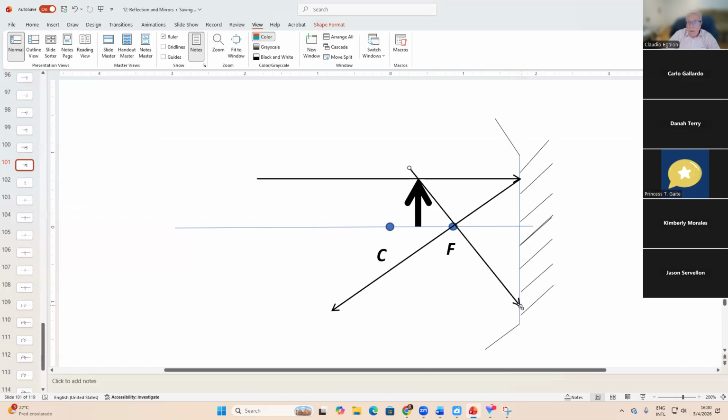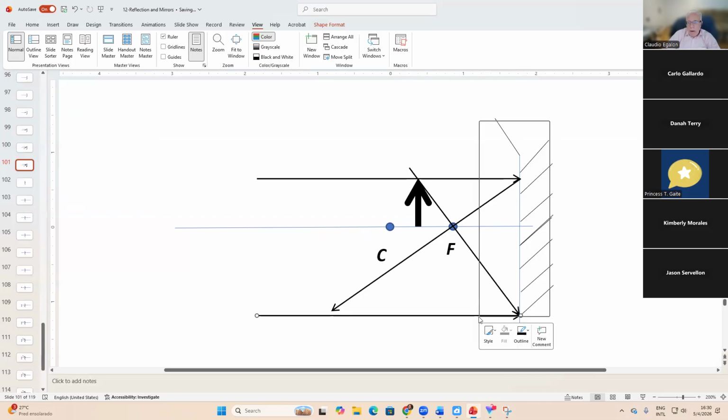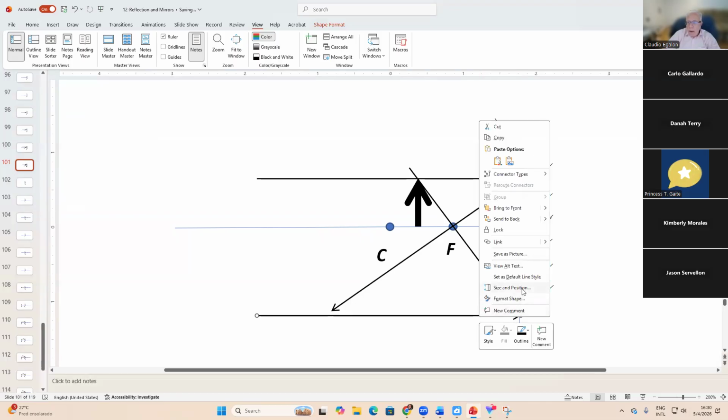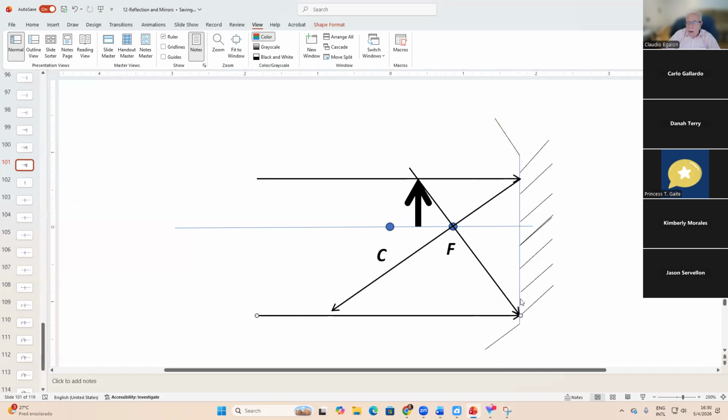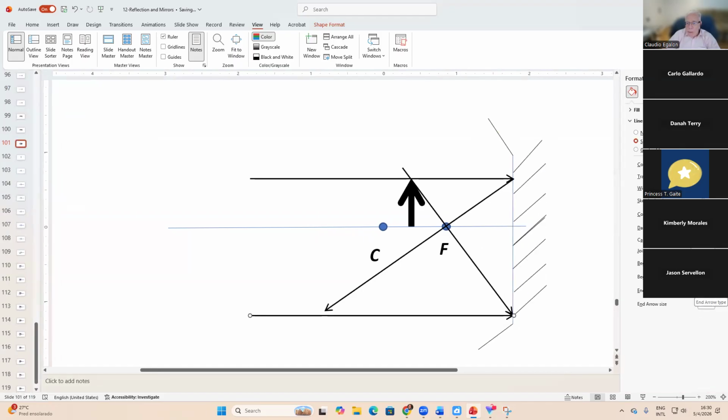Nice. And reflected parallel to the axis.